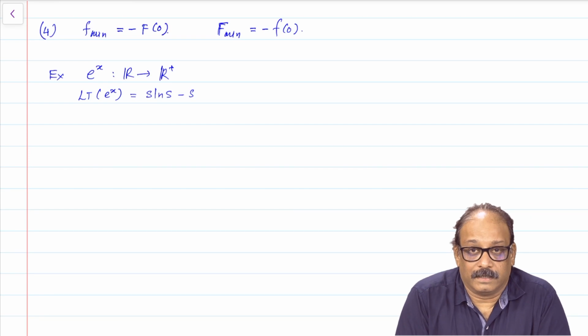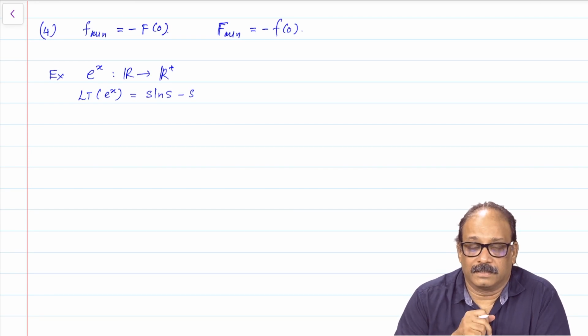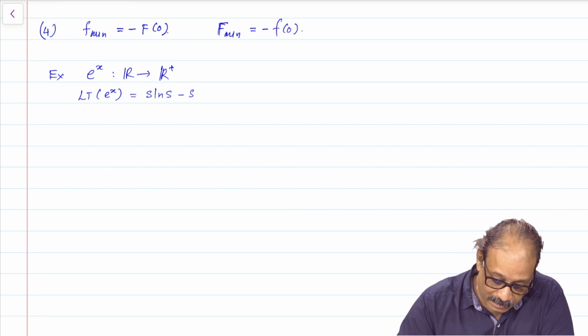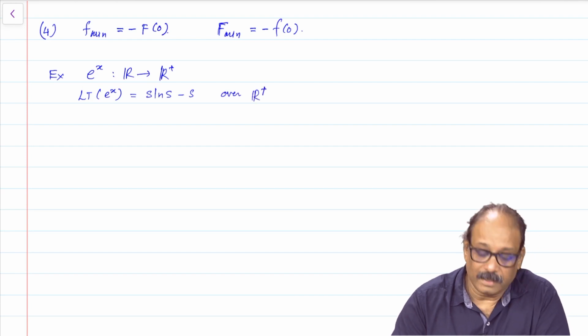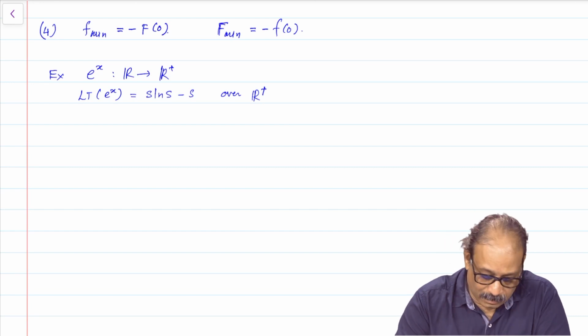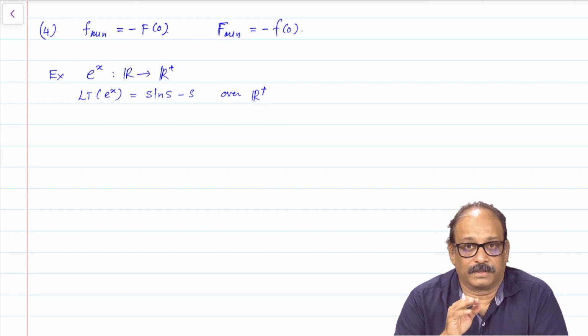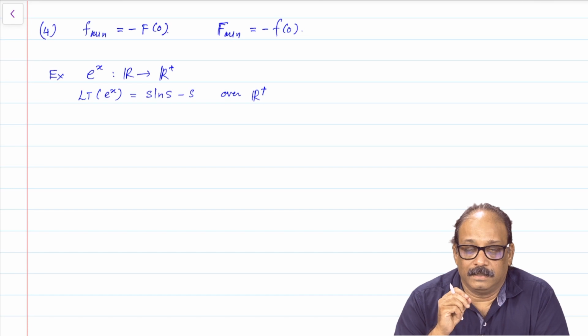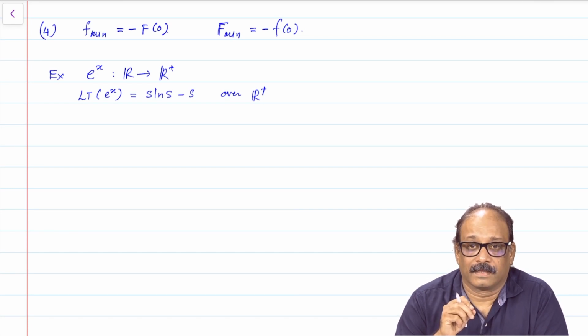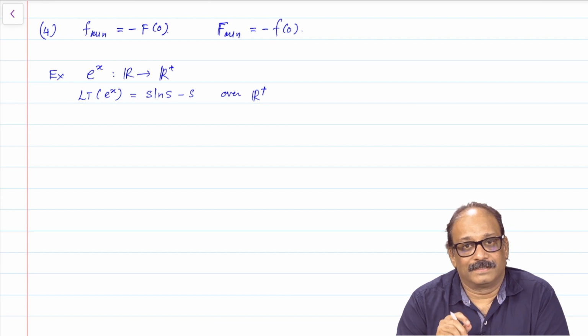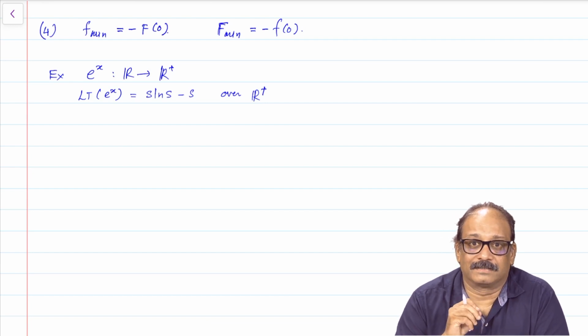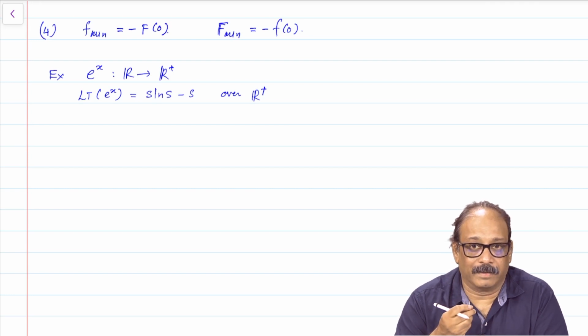Now, you look at the function s log s, this is defined over of course R plus. And you can see the consequence of property number 4 there. The Legendre transform of e to the power x has a domain which does not have a 0 in it, and that is why e to the power x does not have a minimum.